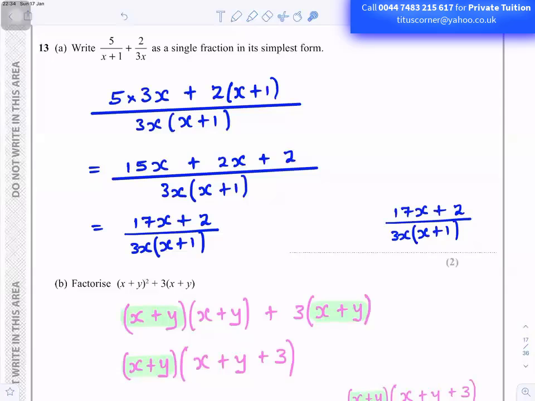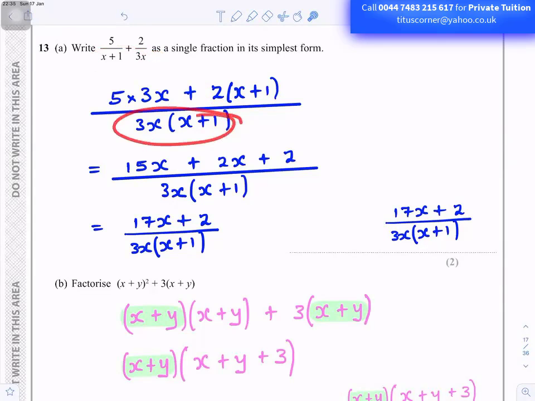Question number 13. Write 5 over x plus 1 plus 2 over 3x as a single fraction in its simplest form. So we can use the upside down table method. So we have 5 times 3x, you write that down, plus 2 times x plus 1, divided by x plus 1 times 3x.